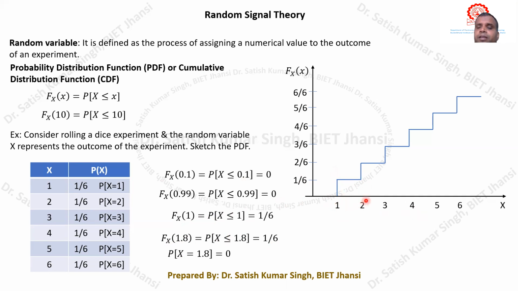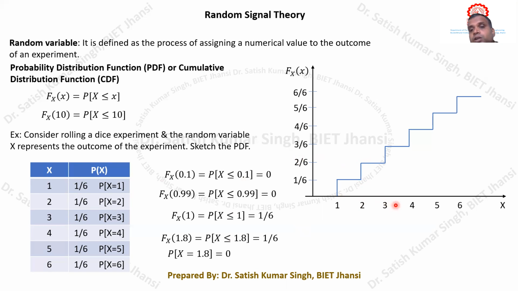So it will remain 1 by 6 just before 2. Once x equals 2, this value is going to increase by 1 by 6, and F(2), that means the probability that x is less than or equal to 2, is 2 by 6.